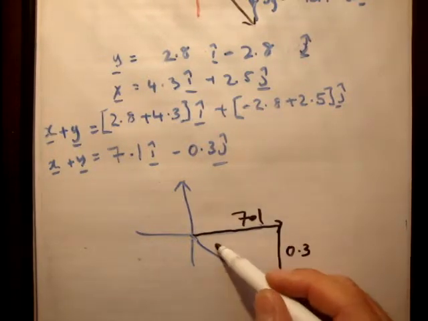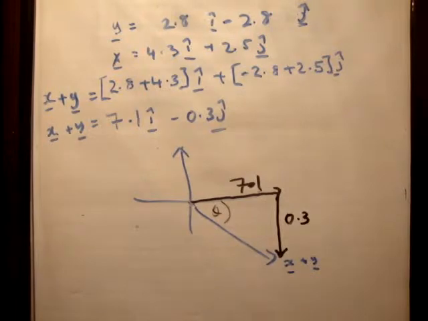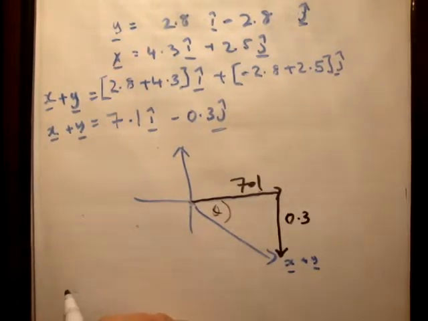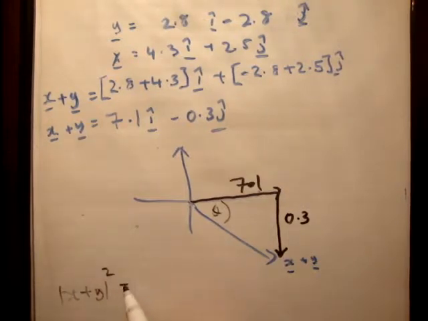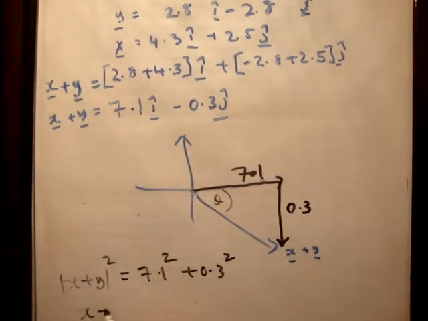So in order to get the magnitude of the x plus y vector, we need to use Pythagoras. So we'll say the magnitude of x plus y squared is equal to 7.1 squared plus 0.3 squared. And therefore the magnitude of x plus y is equal to the square root of all that, which is approximately 7.